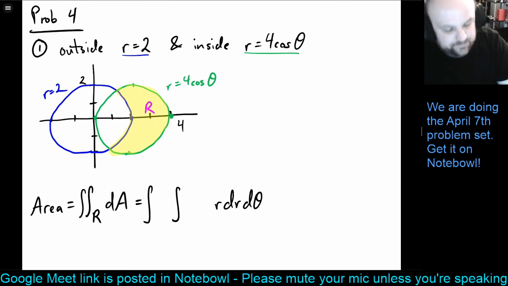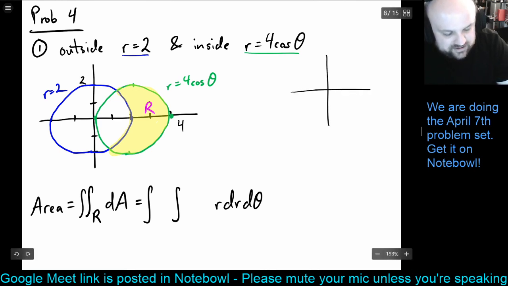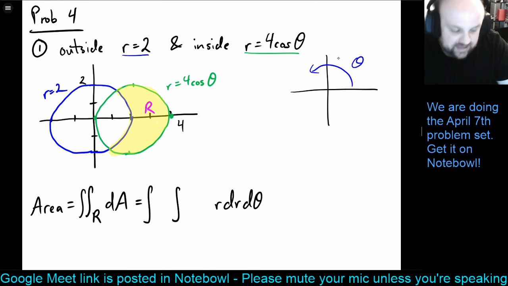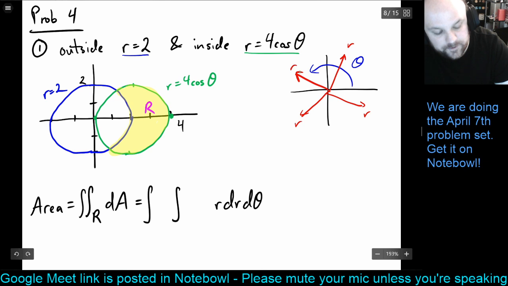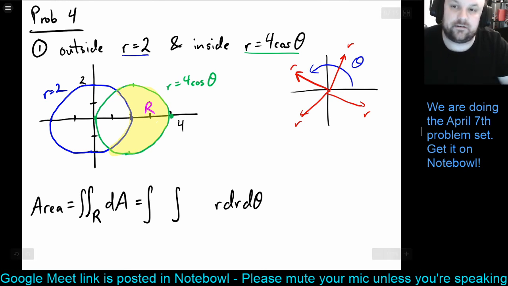In fact, there's a picture I can draw here. Theta measures like this, in the counterclockwise direction. No matter where r is, for any theta value, r measures radially outward. So we're always going inside out.